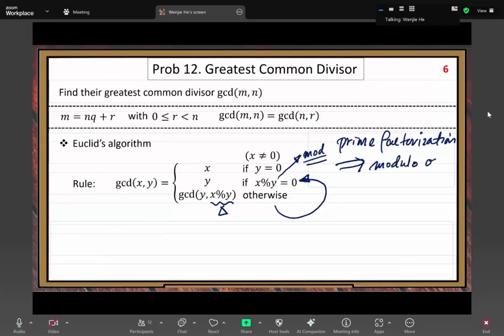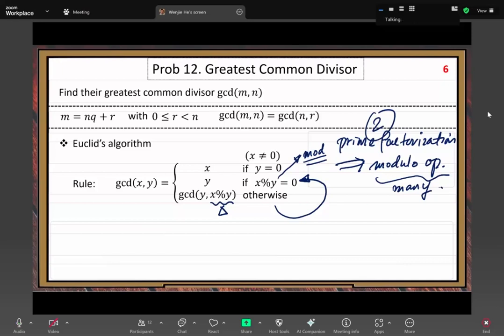And the modular operation is extremely fast. Although people can argue that for prime factorization we only need to do it twice, but with modular operations you need to do many. Even so, it's still much, much faster.